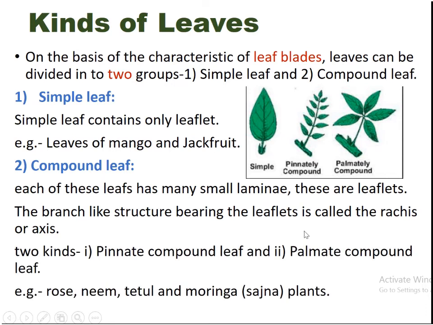There are two kinds of compound leaf: pinnate compound leaf and palmate compound leaf. In a pinnate compound leaf, the leaflets are attached to a common axis. See here, all these leaflets are attached to a common axis.